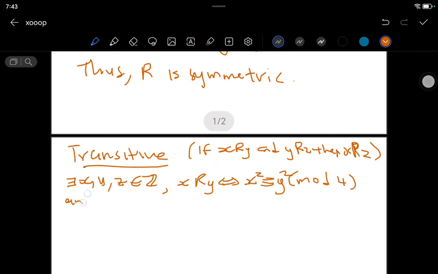Then we assume the other part. Let me say y related to z, if and only if y squared is congruent to z squared mod 4. I'm sure we say this.